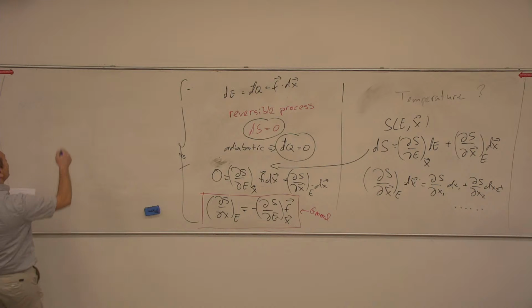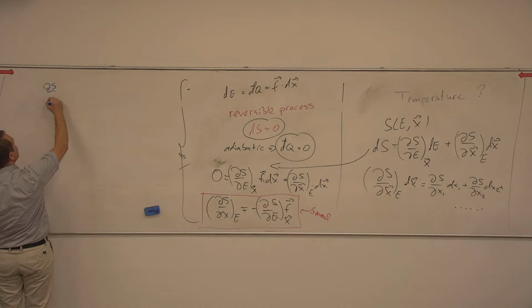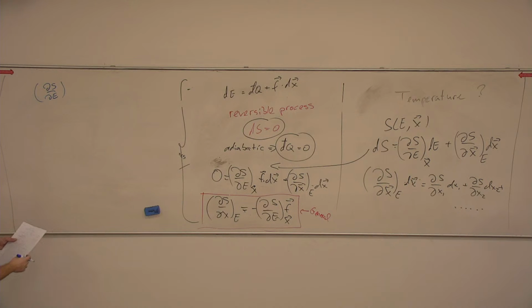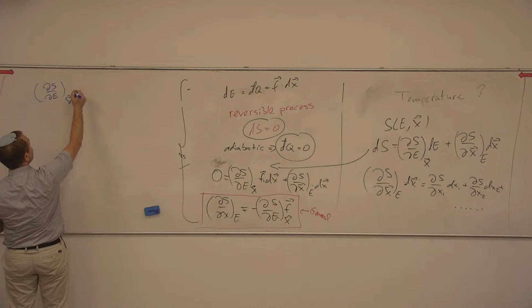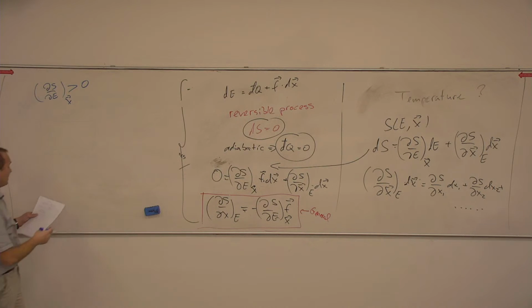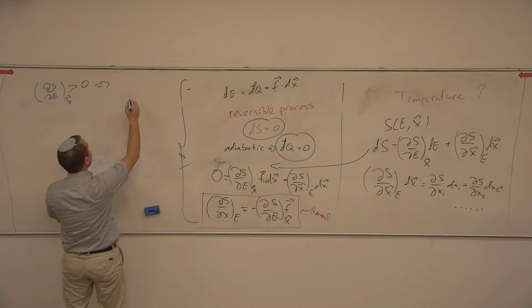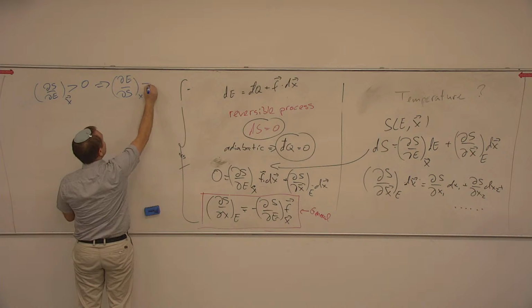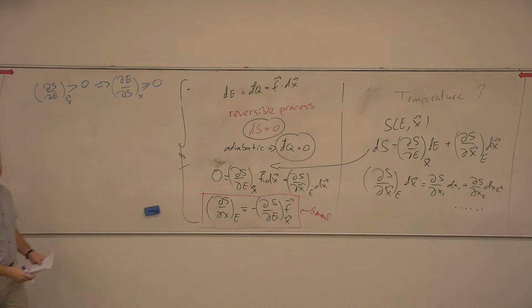So what do we know? We know that dS to dE, when x is constant, is greater than 0, right? So from this we have dE to dS at constant x greater than 0. Okay.